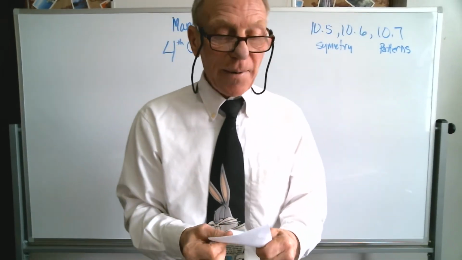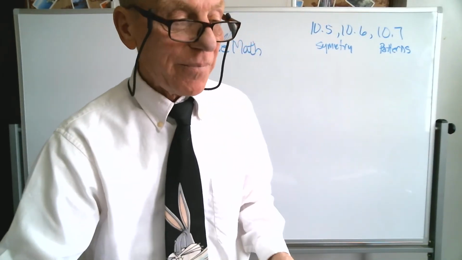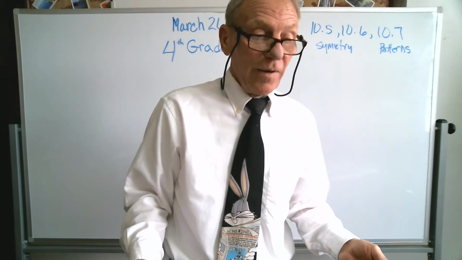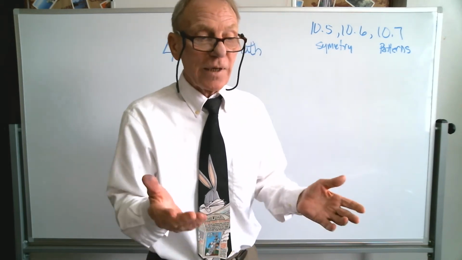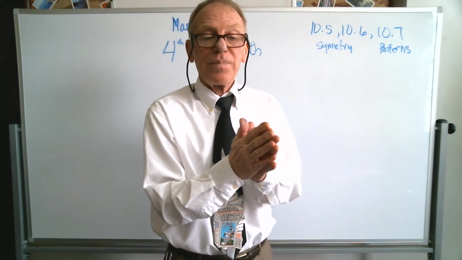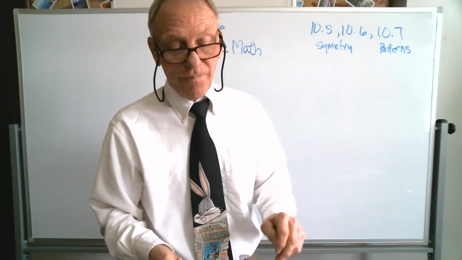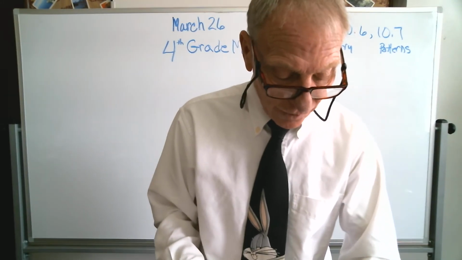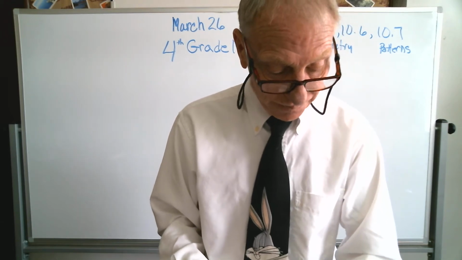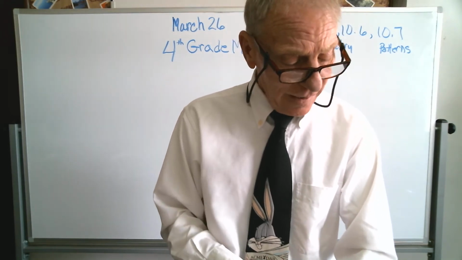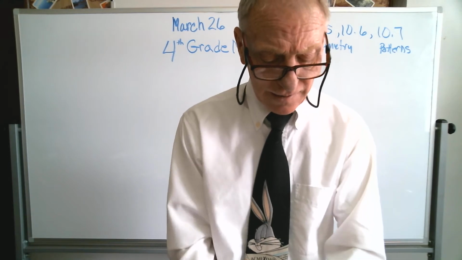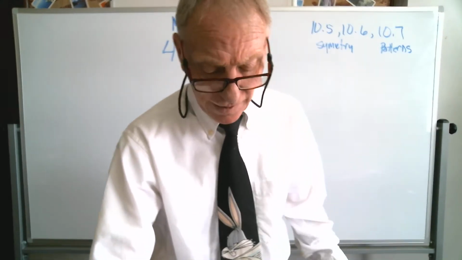So looking at shapes, there are some shapes that you can fold. You can make a line down it and fold it, and it's exactly the same. If you can't, then it's not symmetric. So what you need to do is look at the examples in the book. Take a look at the different shapes. Here's one shape.